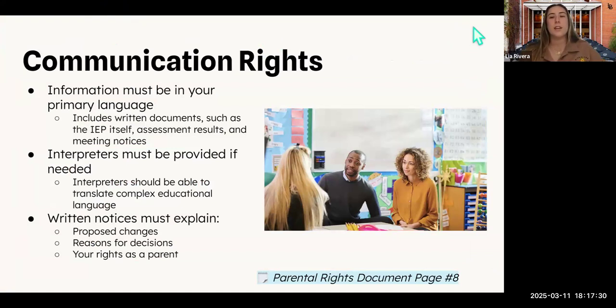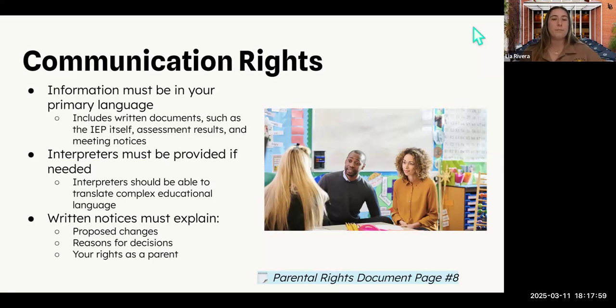The information must be 100% in your primary language, whether that be English or Spanish, and that includes all written documents, such as the IEP itself, the assessment results, and any meeting notices. Additionally, if an interpreter is needed, it must be provided by the school district, and they should be able to also translate complex educational language, because sometimes a lot of things may get lost in translation.